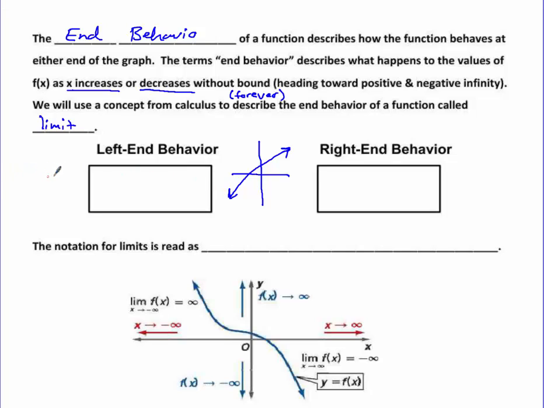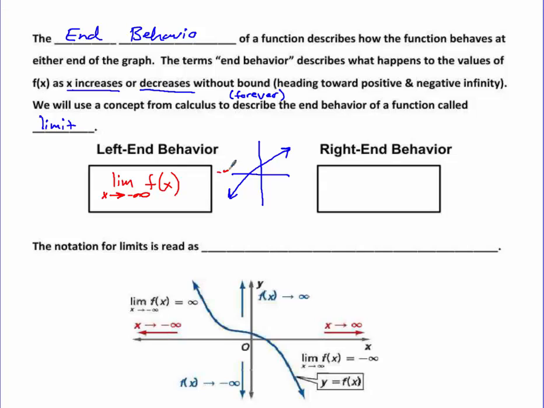So the way we talk about left end behavior is we say we're interested in the limit as x approaches negative infinity of f of x. And so negative infinity is way out here on the x-axis. Actually, I should probably not write it there because that might make it confusing.